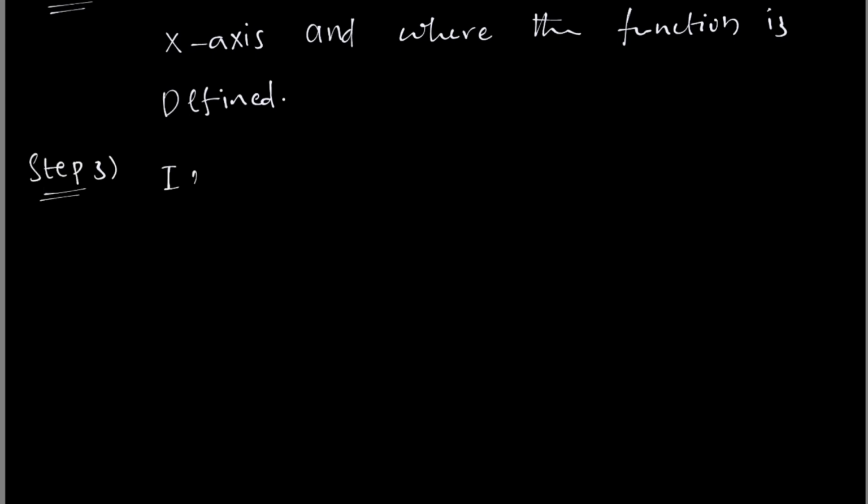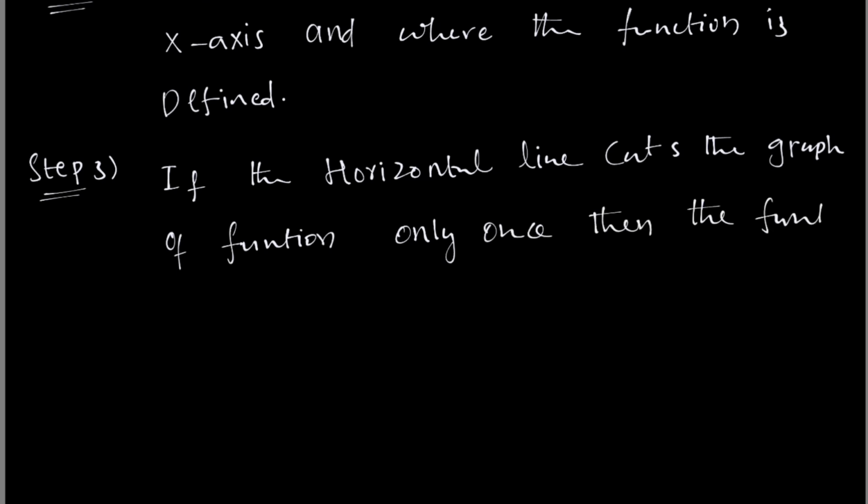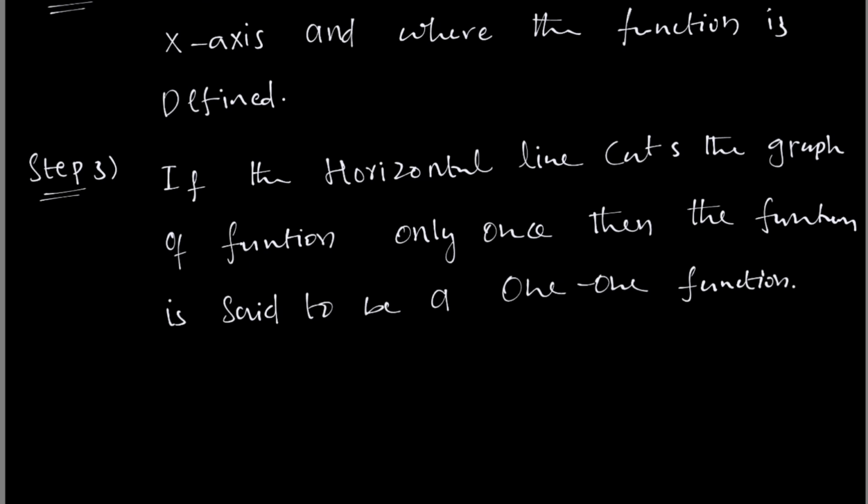Step 3: if the horizontal line cuts the graph of the function only once, then the function is said to be a one-one function.